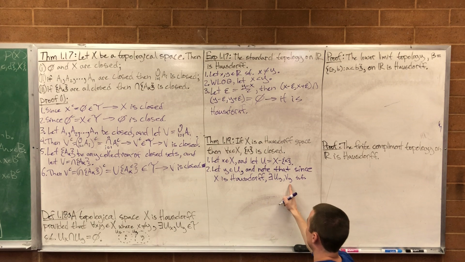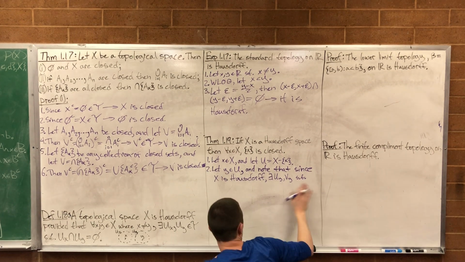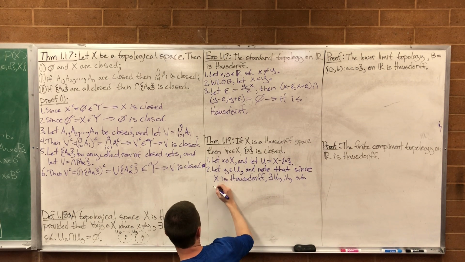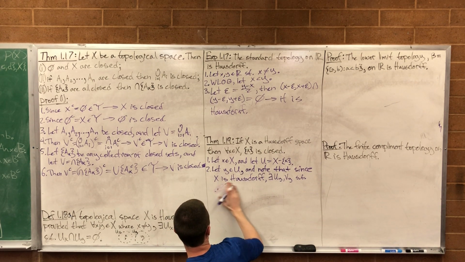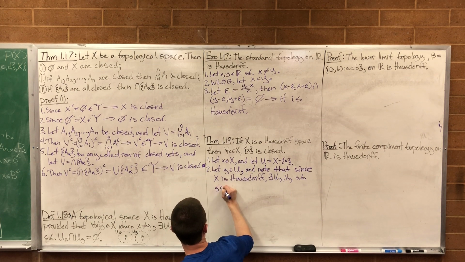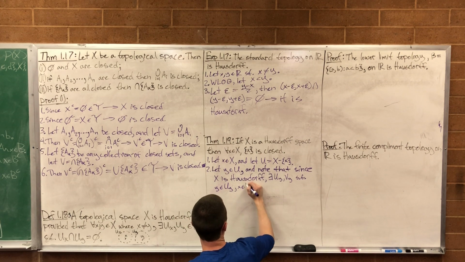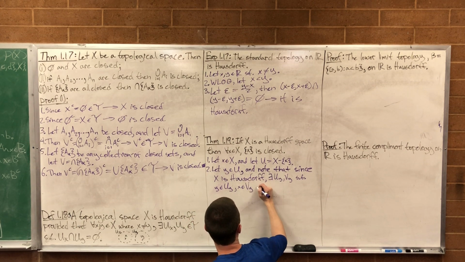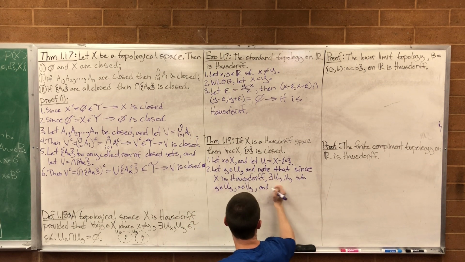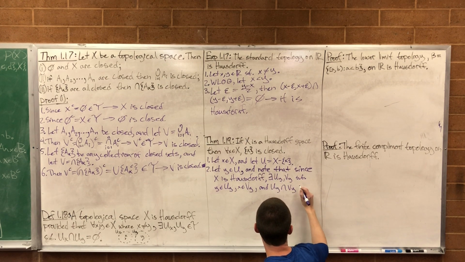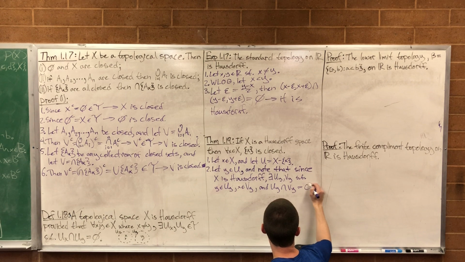We don't really care about this V sub y, but it tells us that they're there. There exist two open sets U sub y and V sub y such that x is not in U sub y, y is in U sub y, x is in V sub y, and U sub y intersect V sub y is equal to the empty set.